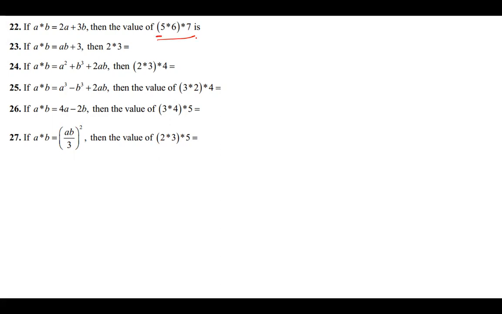So they're asking us to find 5 star 6 star 7 on this one. 5 and 6 are in the brackets, so we start with what is in the brackets first. Where there's A and B, we're going to put 5 and 6 respectively.